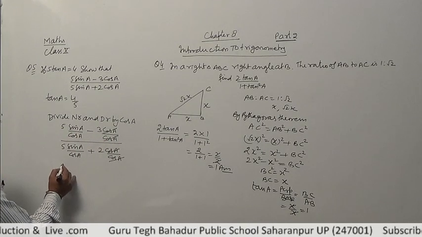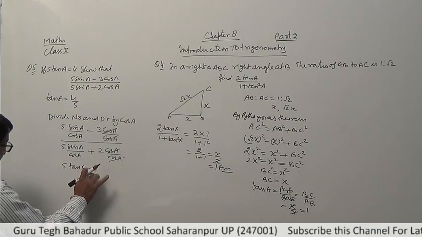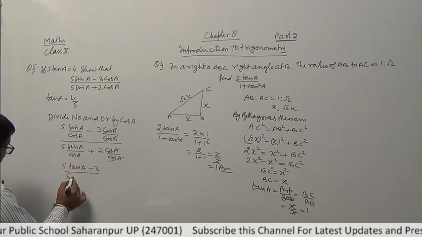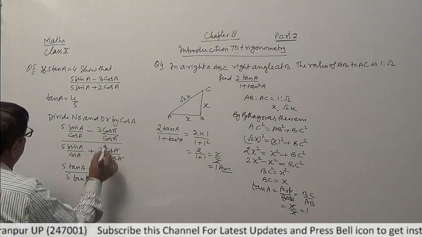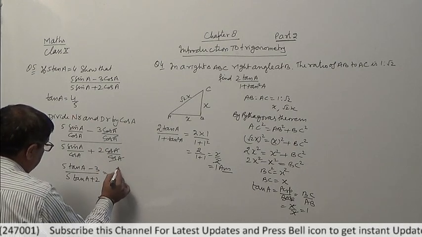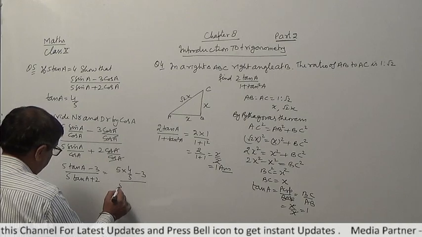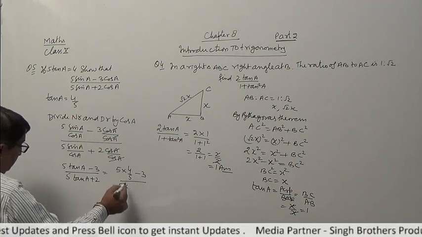Sin A upon cos A is tan A. The value of tan A is 4 upon 5.